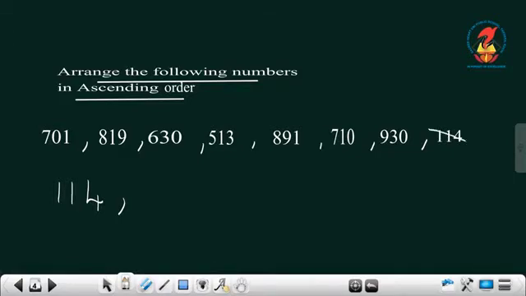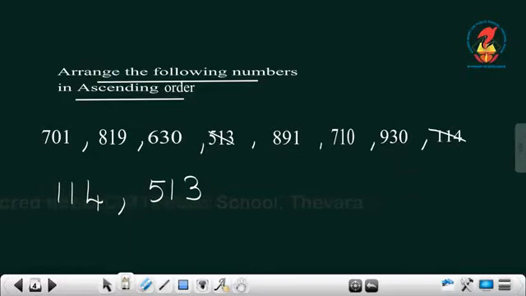We will strike off the numbers. What have you written? Now we will look for the next number, 513. So now you will strike this off so you won't get confused.